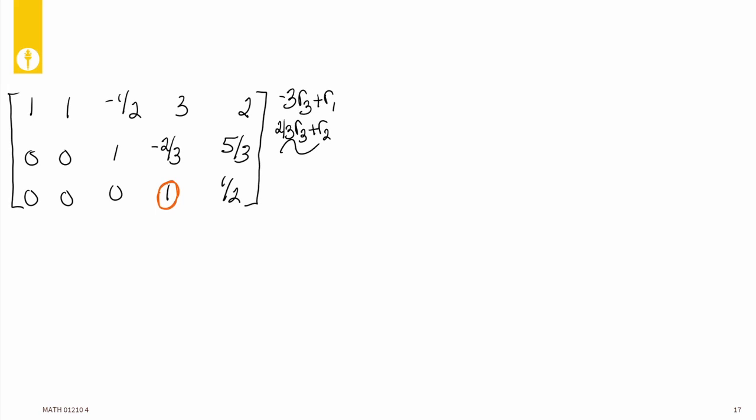First, actually I wrote that the wrong way. Whatever. First, we'll do the 2/3 row 3 plus row 2. Then we'll do negative 3 row 3 plus row 1.